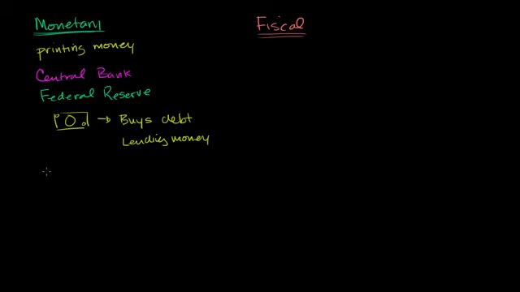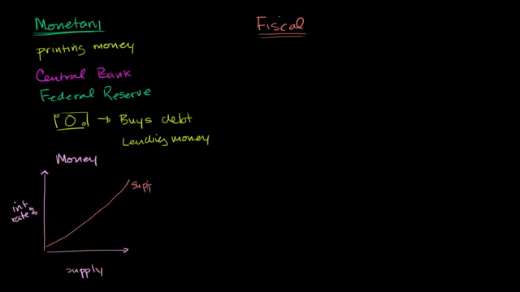And so if we think of the market for money, now we're going to think in microeconomic terms. If this is the price of money, which is really just the interest rate, as a percentage, and this right over here is the supply of money, this might be our supply curve.